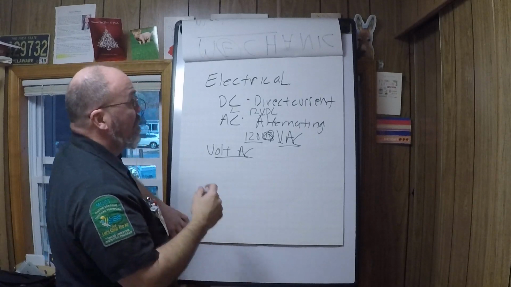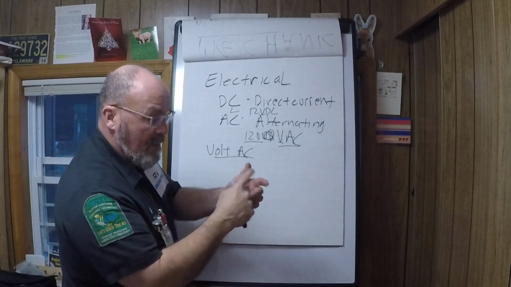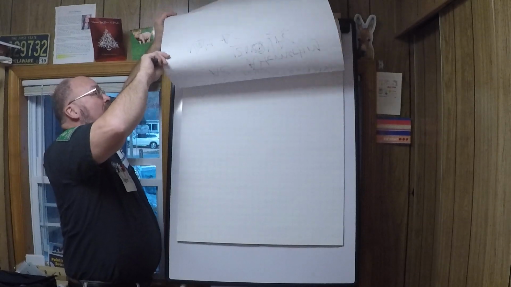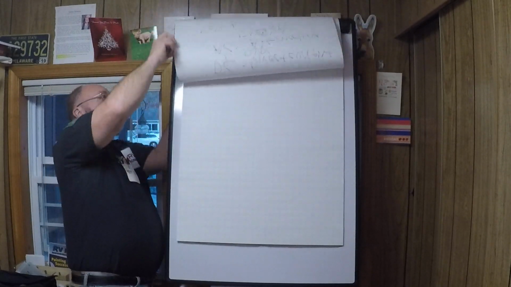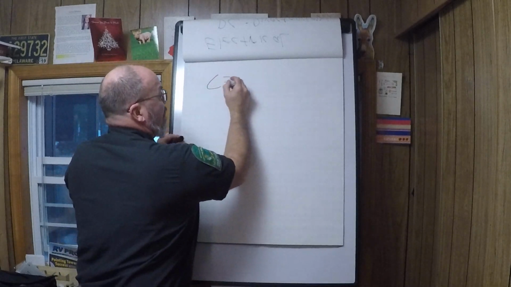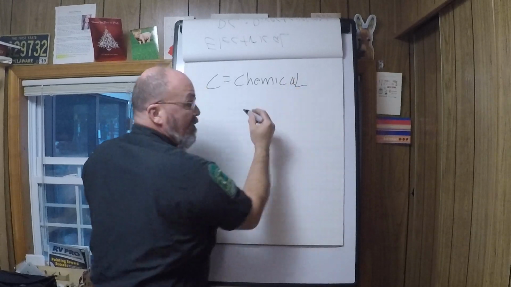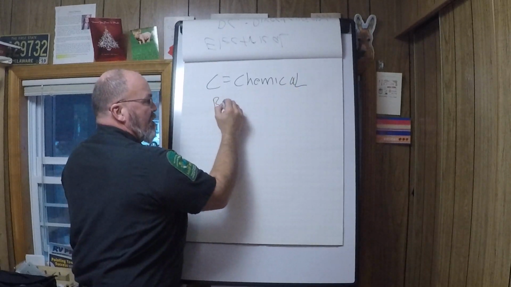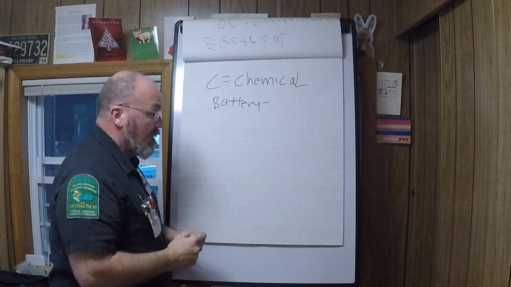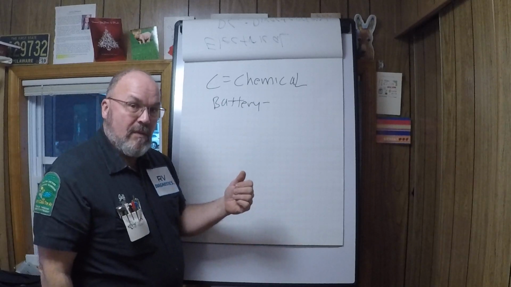Now you have the C of them, M-E-C. C is for chemical. It also means something else, but right now we're just going to go along the line of M-E-C-H. C equals chemical. Take, for instance, the battery. The battery itself has a liquid in it, which is hydraulics.